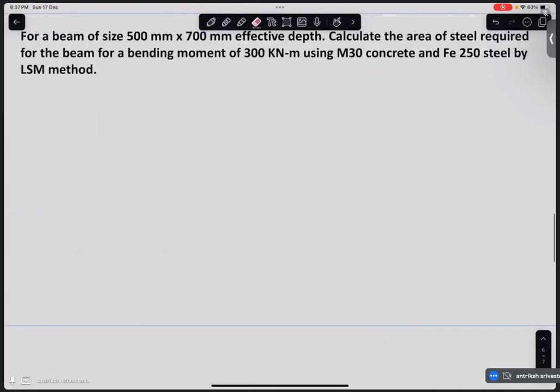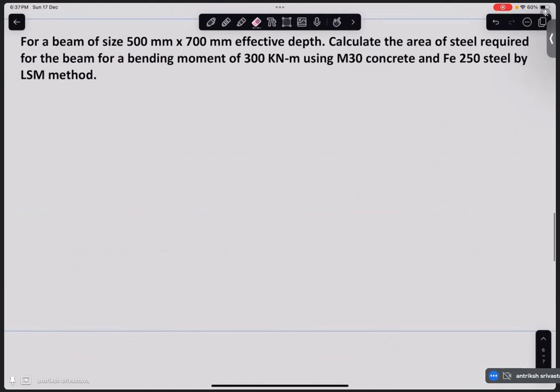Okay, so one of the reasons, when I was making this problem, that I understood why we have made this WSM method obsolete is, as we can see from this problem also, that I have given the same amount of resisting moment, same dimension of the beam, same concrete, but I have reduced the steel grade.